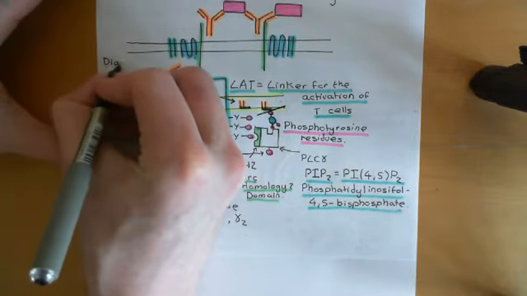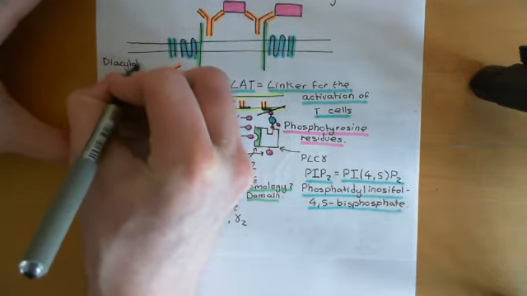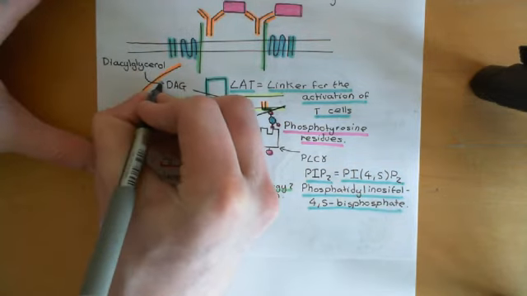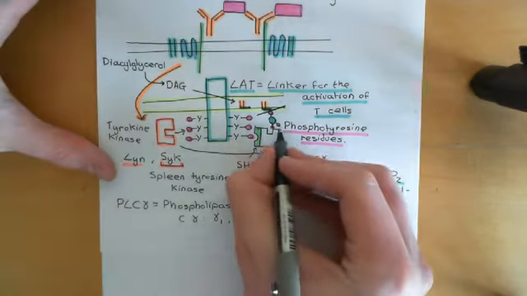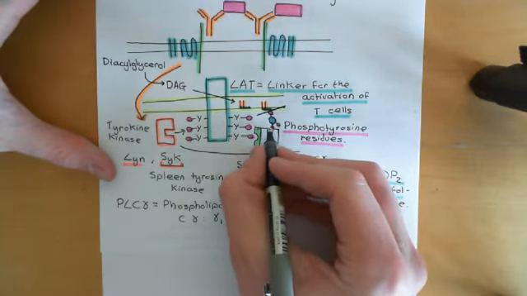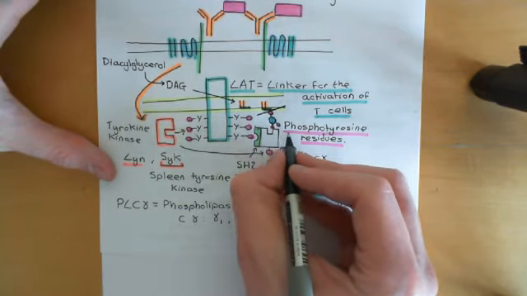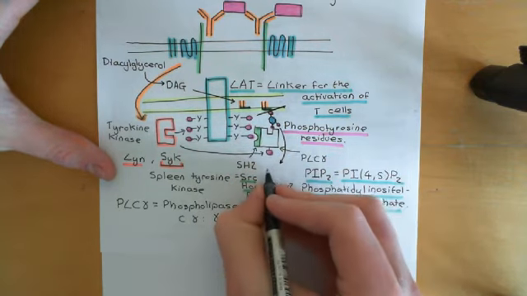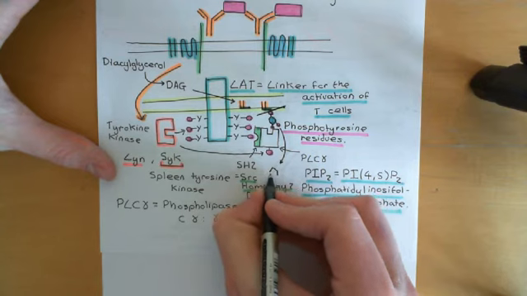So this stands for diacylglycerol. That stays within the phospholipid bilayer after this cleavage. The other molecule, which was already dangling into the cytoplasm, now falls into the cytoplasm altogether after the cleavage, and that is just an inositol molecule.